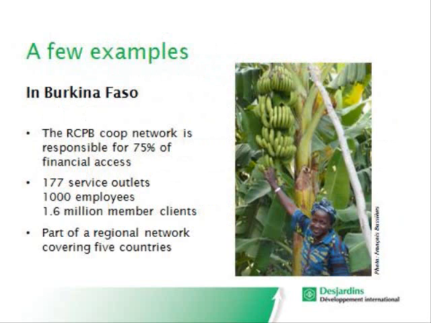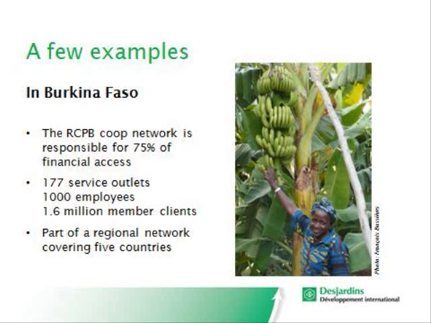Now, I'd like to conclude this presentation with a few examples of other cooperative successes. In Burkina Faso, for example, over 75% of individuals with access to financial services do business with the RCPB network of financial cooperatives, making it by far the biggest inclusive financial institution in the country. The RCPB currently has 177 service outlets.